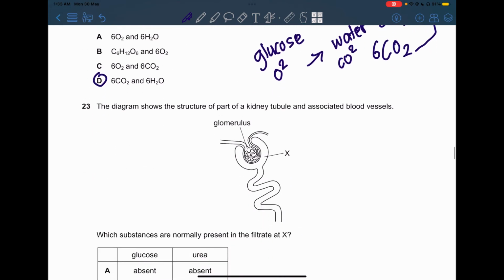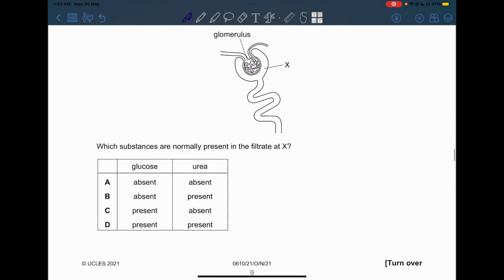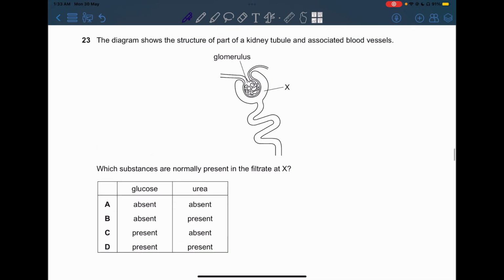Now, question number 23. The diagram shows the structure of part of a kidney tubule and the associated blood vessels. Which substances are normally present in the filtrate at X? Now, for this question, of course we all know that glucose is present in the filtrate, and then it's reabsorbed later on in the process.